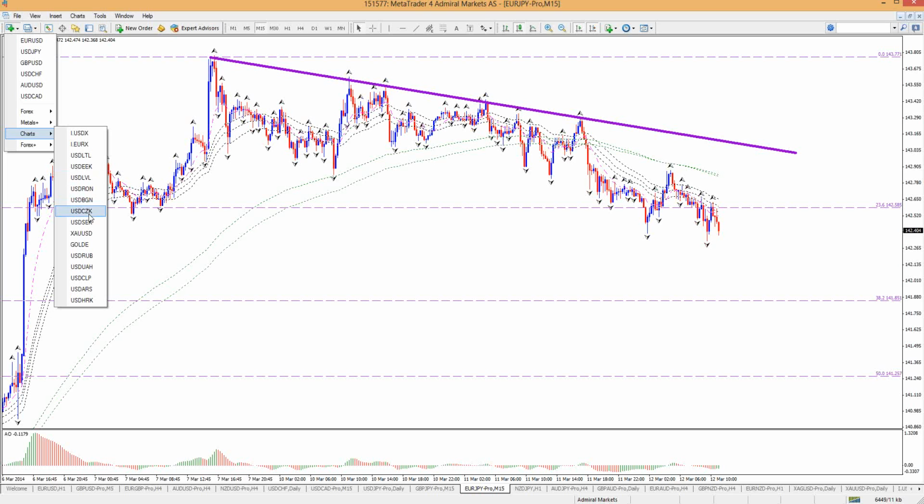I see a USD CZK, USD SEK, I see USD BGN, I see USD RON, USD LVL, LTL, EEK, HRK, ARS, CLP, UAH, RUB. Which one is it then? Which symbol is it? I don't see the SGD in this particular column. Oh, sorry.